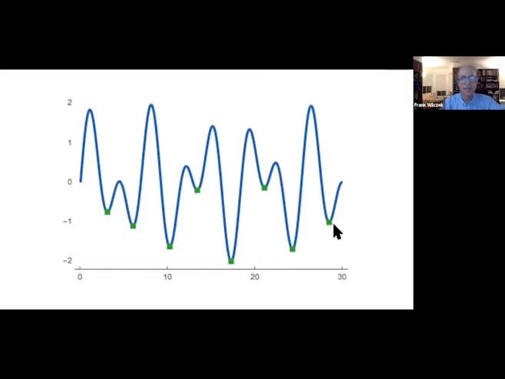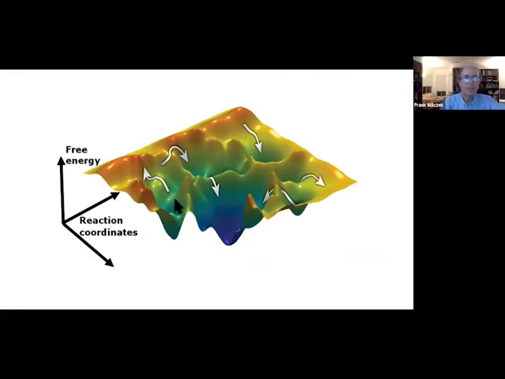This is kind of an idealized situation. In real problems, like in chemistry, you get very, very complicated energy landscapes. And if you want to get to the minimum, you have to avoid getting trapped in these false minima. So how do you do that?